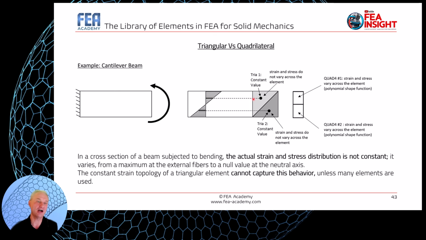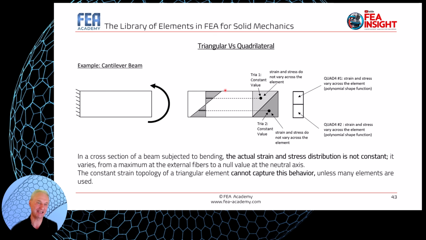So now if you have only 2 triangular, constant strain elements, it means that you capture only this strain value here, because on all the elements the strain is constant. And in this element only this strain value.